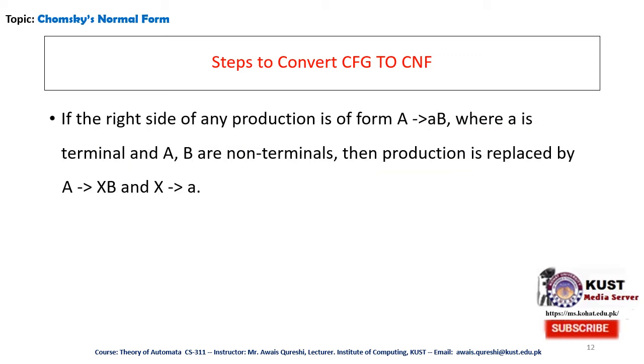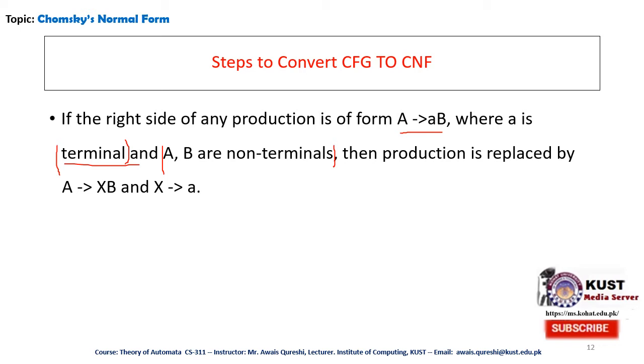If the right side of a production is of the form A implies aB, where a is a terminal symbol and A and B are non-terminals, then the production is replaced by A implies XB, where X is equal to a, because this is against Chomsky's normal form, because this rule states that a non-terminal is ending in a terminal with a non-terminal.